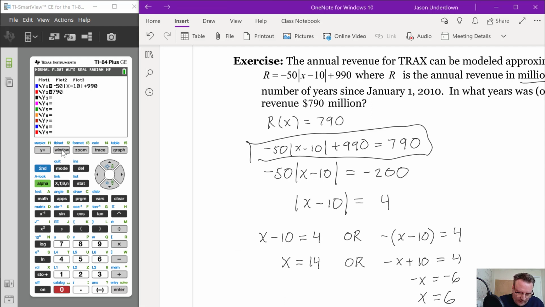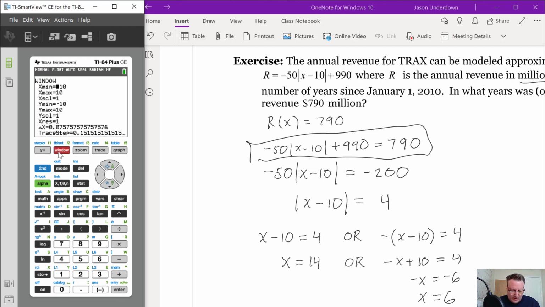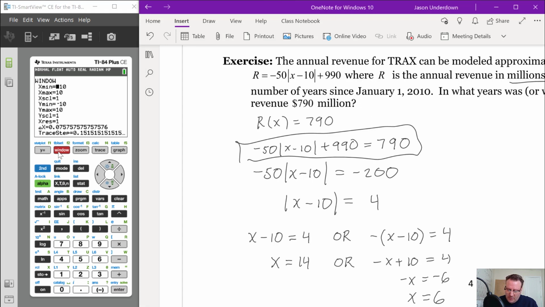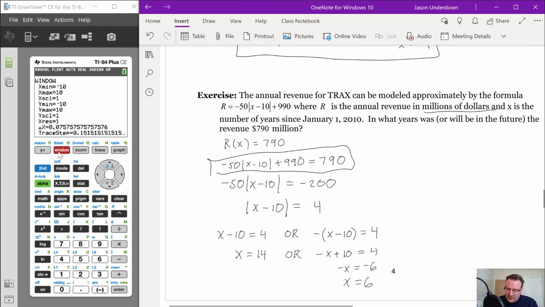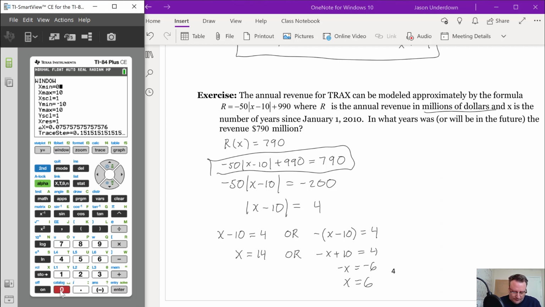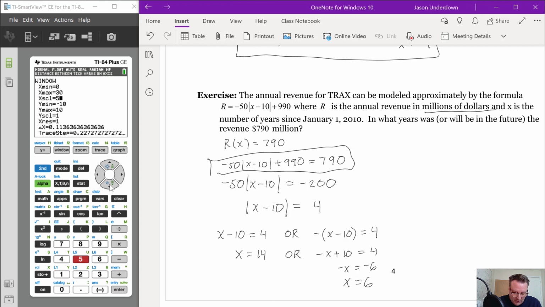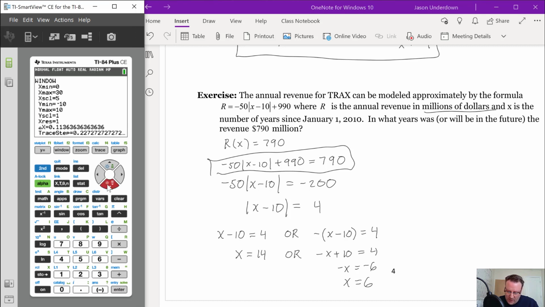Okay, let me figure out some window dimensions that would be good here. Let's go back to the context of the problem. x here is years since January 2010, so we probably don't care about before 2010. Let's set x min to 0, and for x max, let's go 30 years into the future, which seems like a nice round number. For our x scale, let's measure in every 5 years. What about y min?